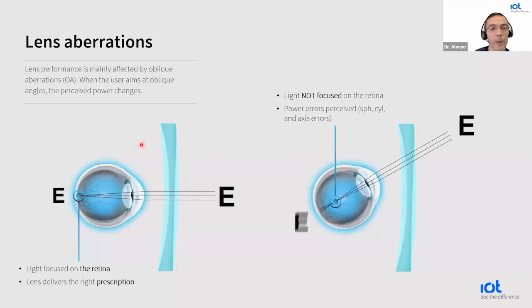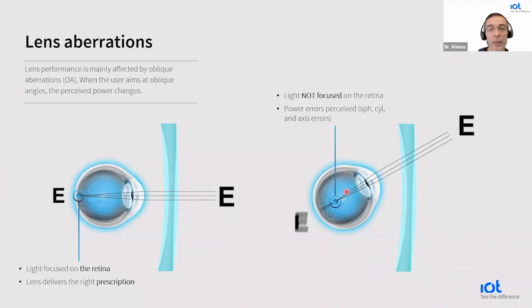Lens design. Lens aberrations, lenses have aberrations. It's easy to make a lens and adjust the curvature of the surfaces in such a way that the retinal image of an object is sharp, but just for one viewing direction, typically the main viewing direction with the visual axis horizontal.